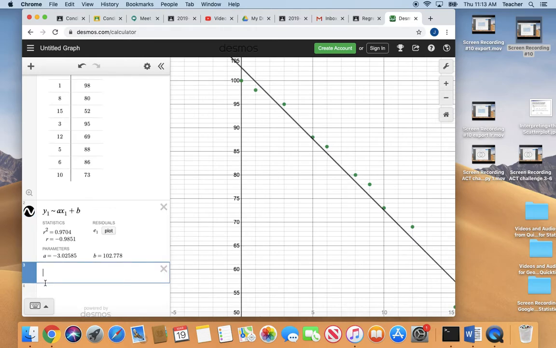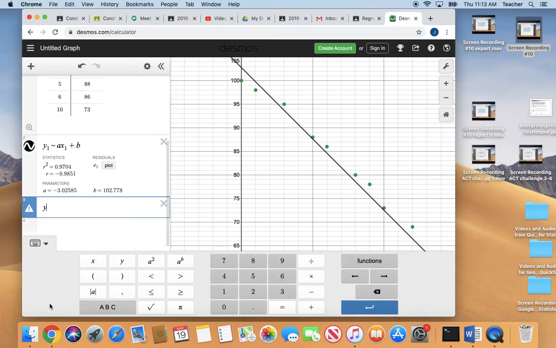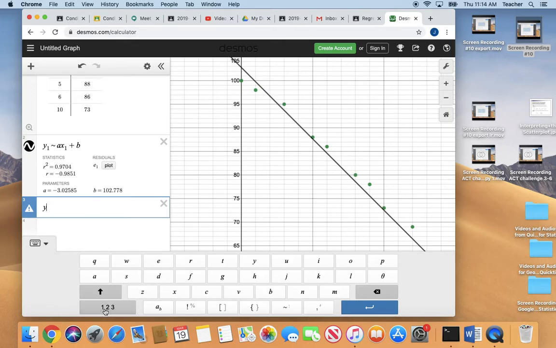To try quadratic, that reference sheet may be helpful again, but quadratic, remember, is ax squared plus bx plus c.